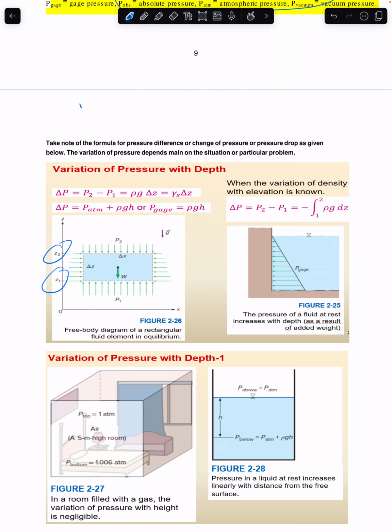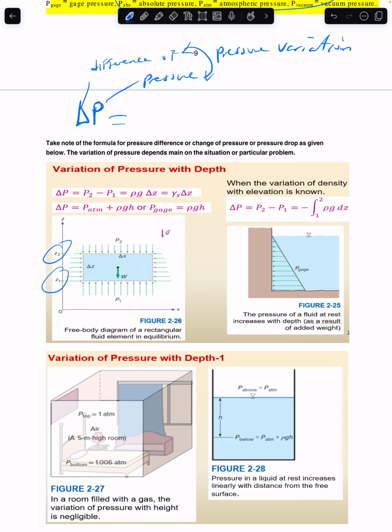So pressure variation, the symbol is delta P, where delta stands for difference of, then this is pressure. Some textbooks will give you a different way to write it, but it is just talking about the pressure difference.